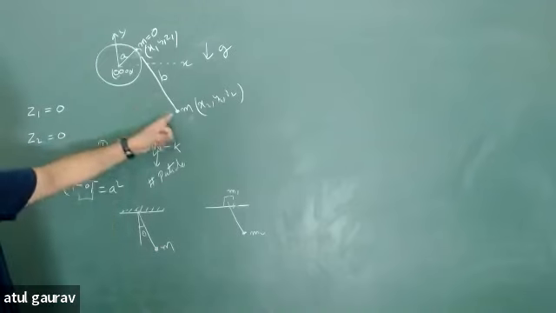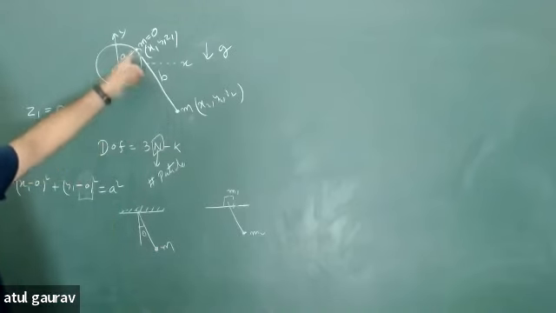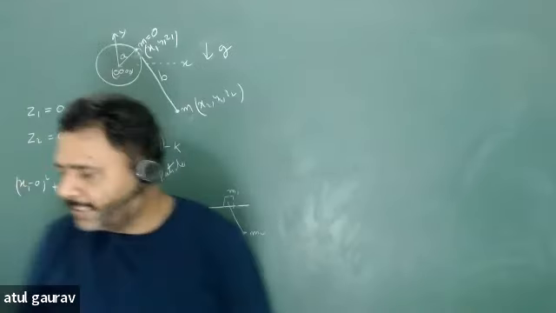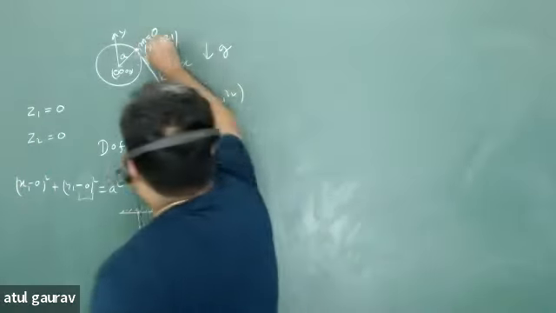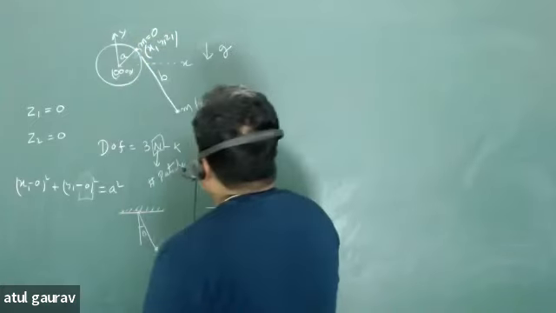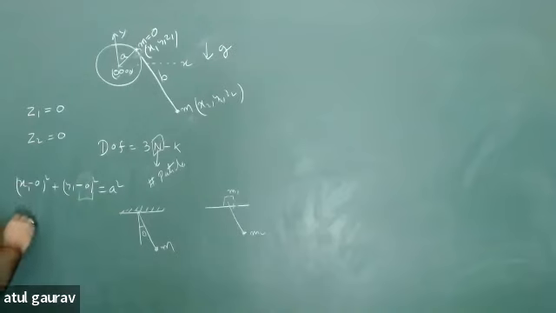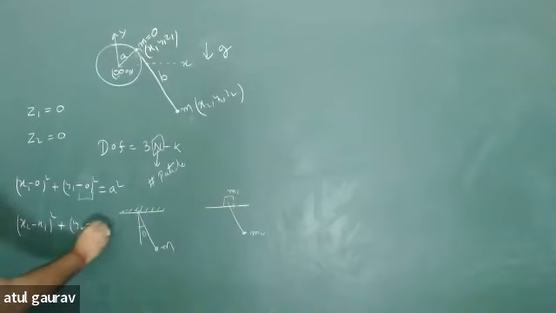And this distance is also always fixed, isn't it? So what will happen? x2 minus x1 whole square plus y2 minus y1 whole square is equal to B square.